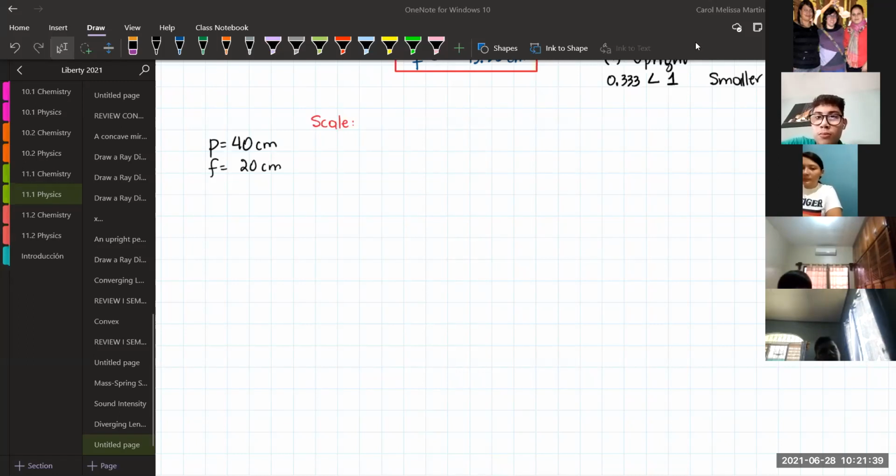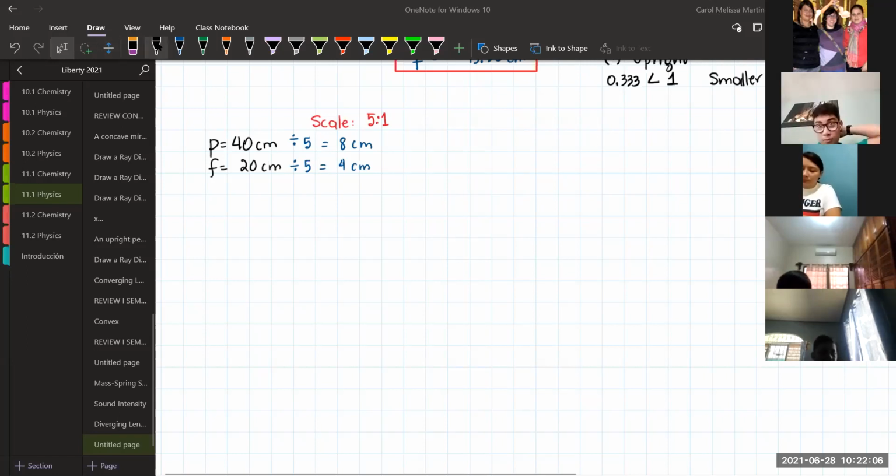We can use the scale of 5 to 1. That would be perfect, in my opinion. So P divided by 5 is going to give you 8 centimeters, and the F divided by 5 is going to give you 4 centimeters, or boxes. Okay, that depends on the kind of notebook that you have.